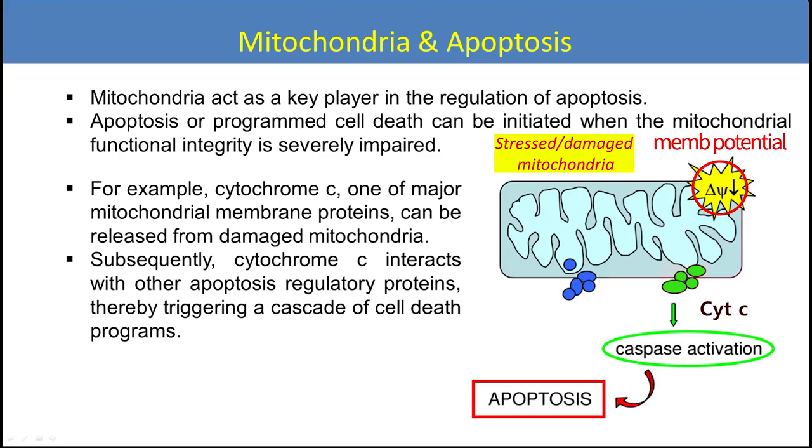Cytochrome C is one of the key enzymes localized in the mitochondria. When mitochondria are severely stressed or damaged, cytochrome C is released out of the mitochondria and then activates the apoptotic cellular program, the cell death program, to make sure the damaged cells will be quite efficiently removed to protect the whole host organism.